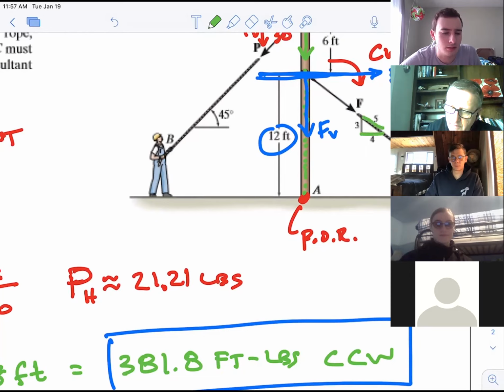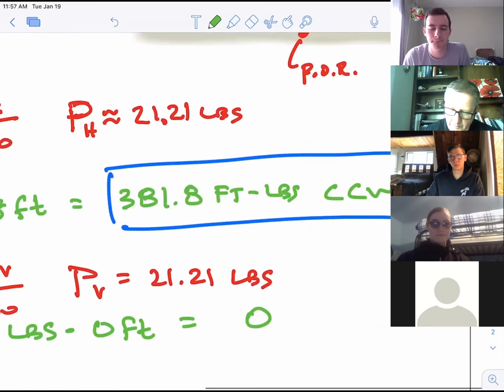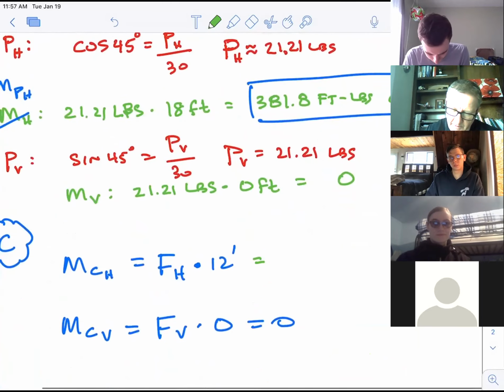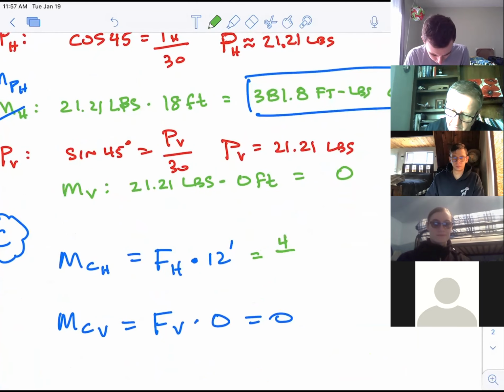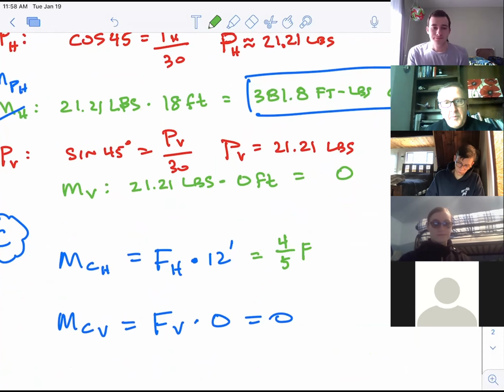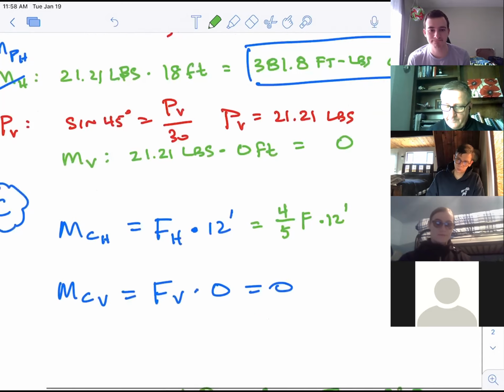Four fifths. Does that make sense? 4/5 is horizontal. So a better way to say this would have been to say 4/5 of the force, not the force horizontal, the overall force. Whatever force he's pulling at the angle he's pulling at, 4/5 of it is horizontal.